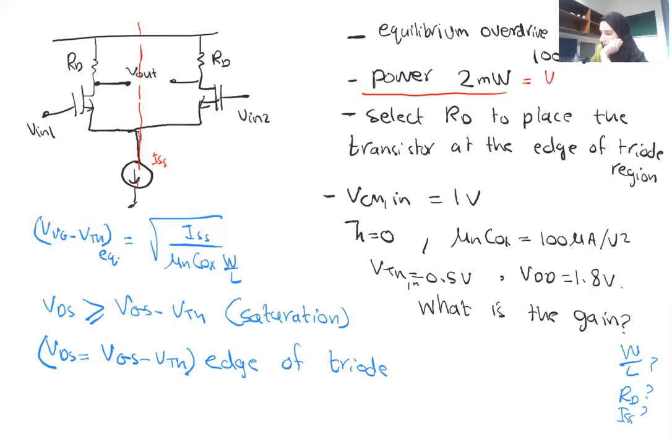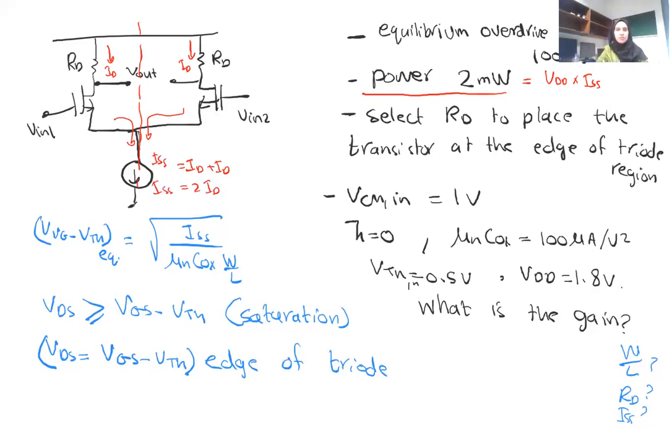Yes, it's VDD times ISS, not a single ID, because I have an ID here and an ID here, and they will both meet together and form ISS equals ID plus ID, which is 2ID.